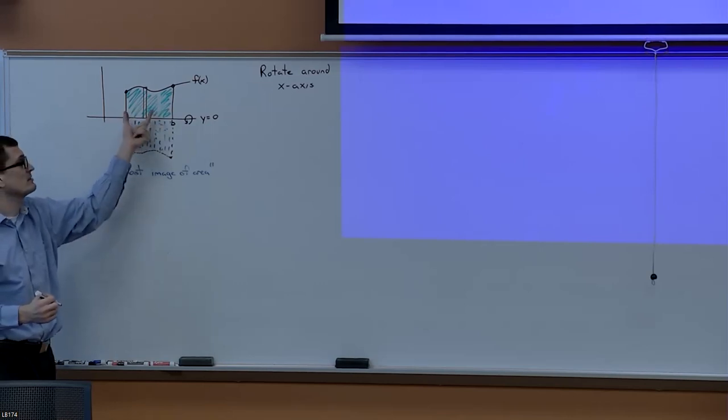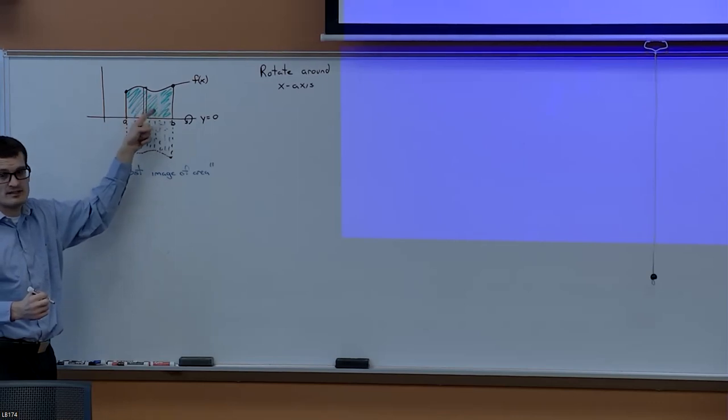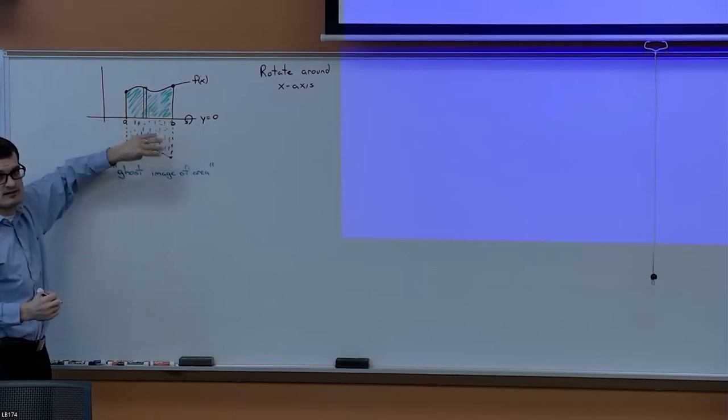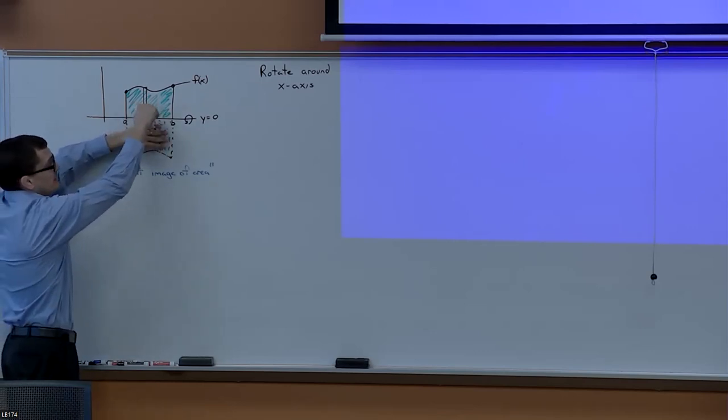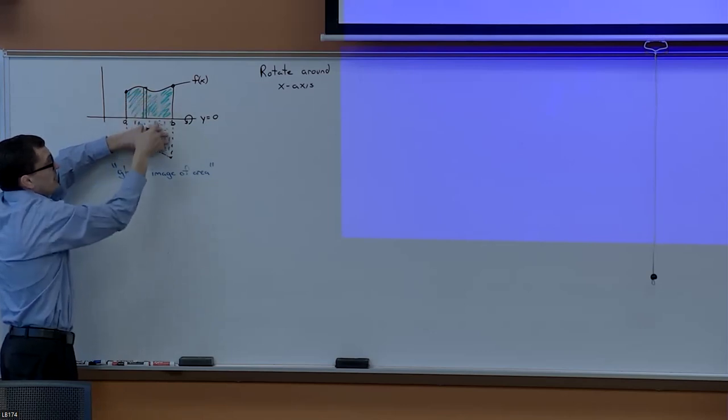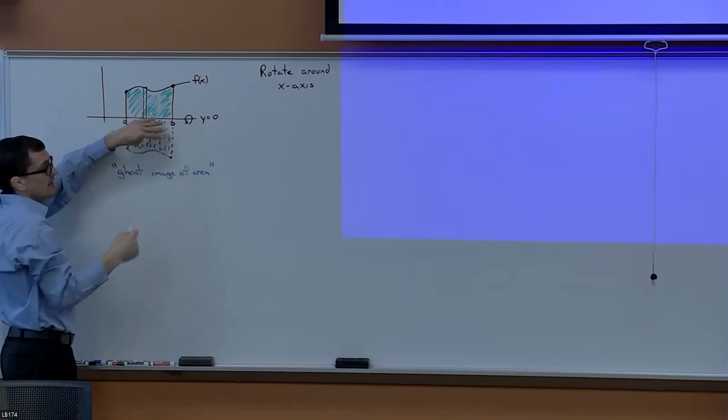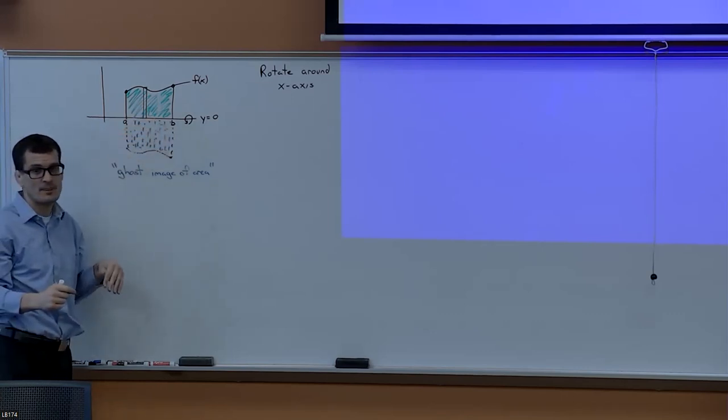Then you let those rectangles get smaller and smaller, and that would give you the area. I haven't rotated it yet. I'm just saying if I wanted to find the area of this green region, I'd take rectangles, make them smaller, and that turned into the integration, right?